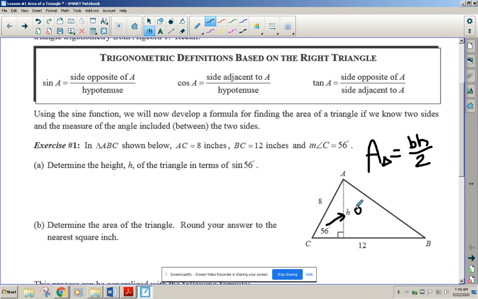Let's use an O. And here's the 90 degrees, which makes the 8 the hypotenuse. So I'm using the sine. So if I wanted the height, I would have to say the sine of 56 is equal to the height, the unknown side, over 8.